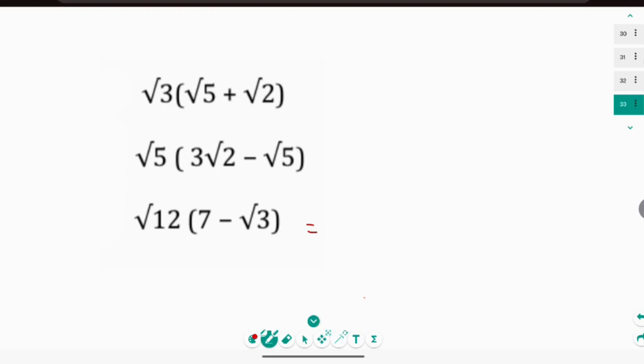Root 12 times 7, 7 root 12. Minus root 12 times 3 is root 36. I can simplify the root 12 because I can split it into root 4 times root 3. Let me write that out properly.